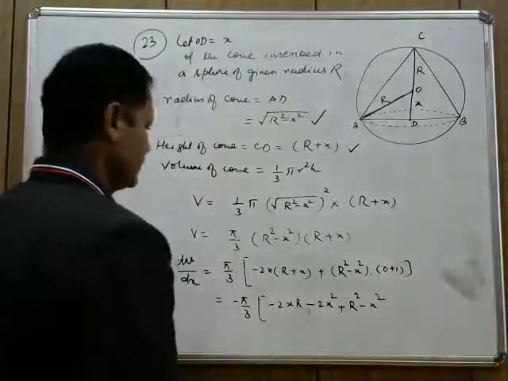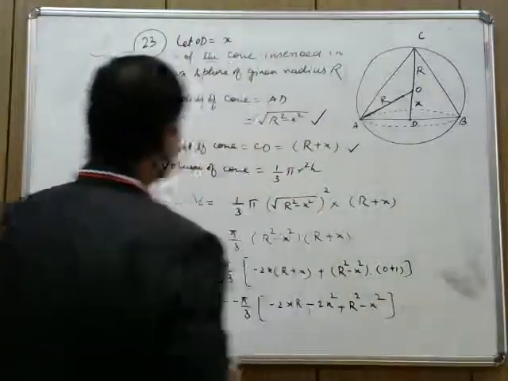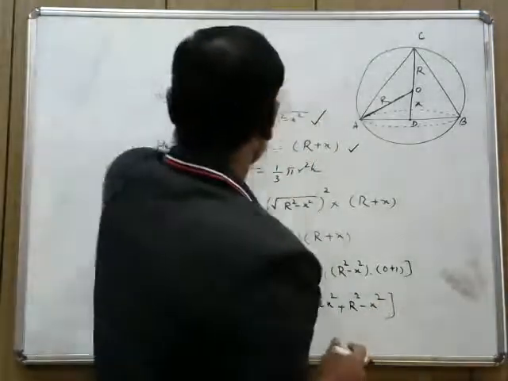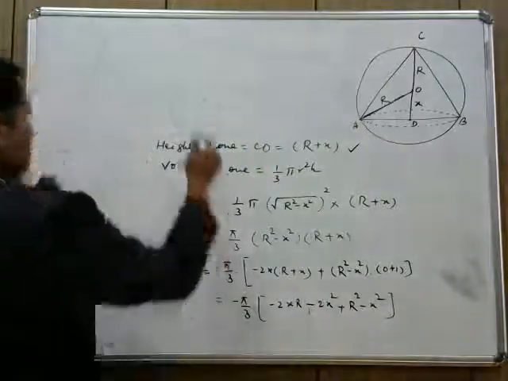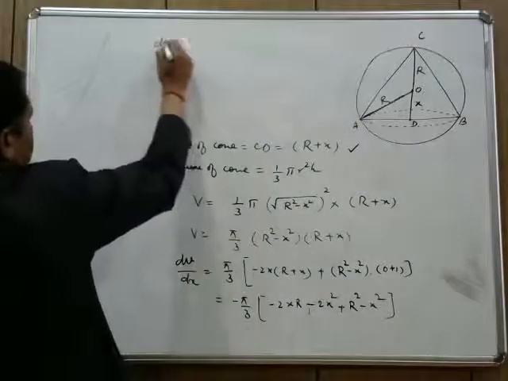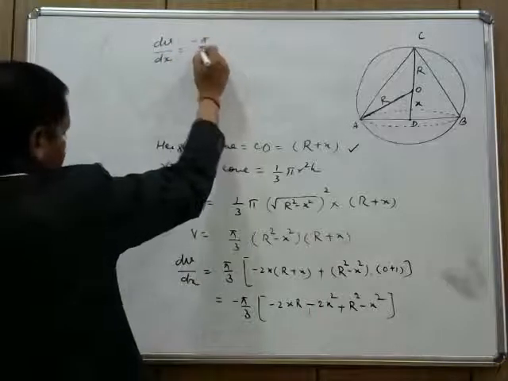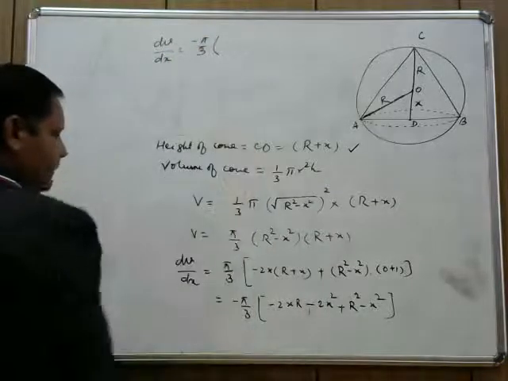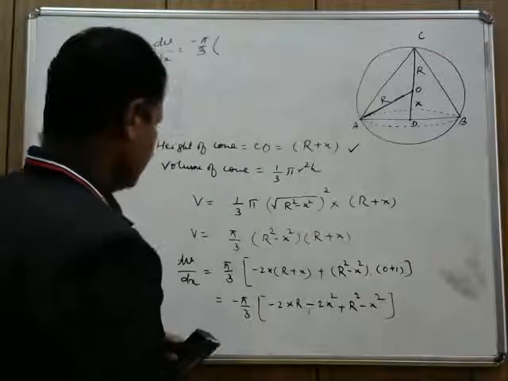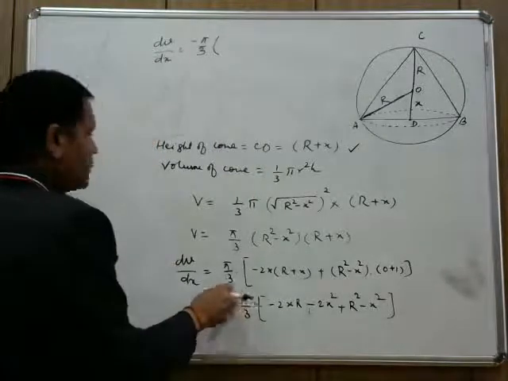So now we will get here dV by dx is equal to minus pi by 3. From where I have taken here minus, no need to minus here, fine.